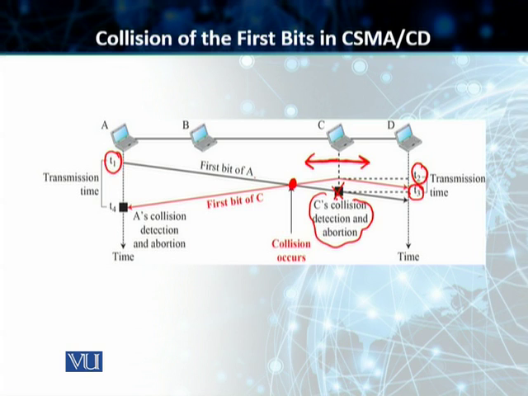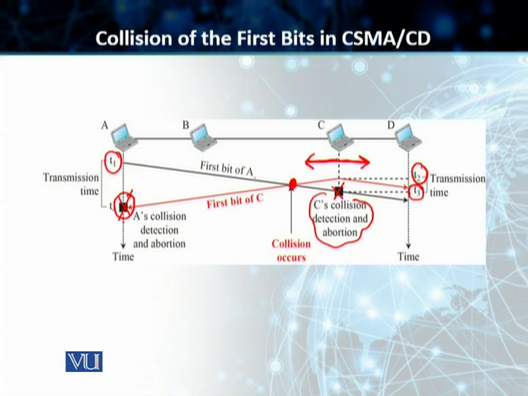Station C immediately aborts transmission, and then A detects this collision at time T4. The station A has detected the collision and aborts as well at time T4, when it receives the first bit of C. So both the stations abort the transmission and stop throwing any more data onto the shared medium.